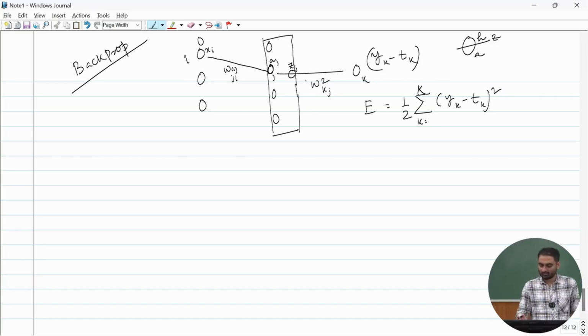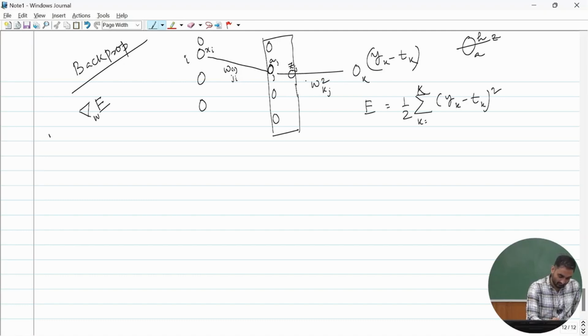Now we will take the derivative of this error with respect to all the weights, and we'll update all the weights. So this is the derivative of the error with respect to some w.